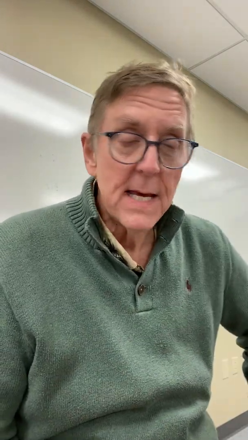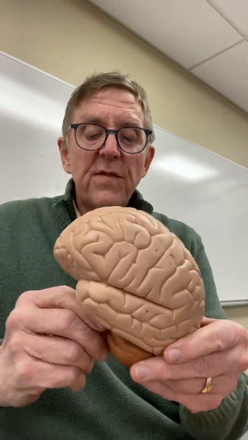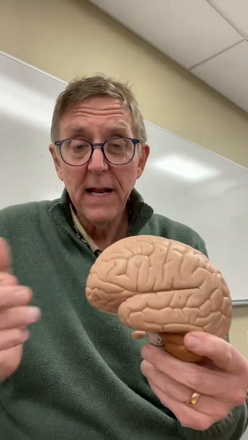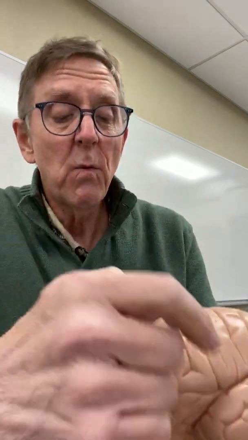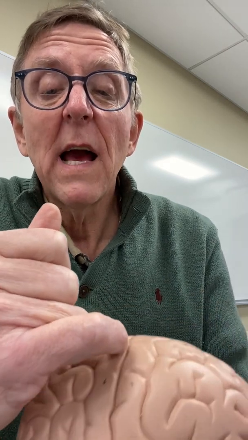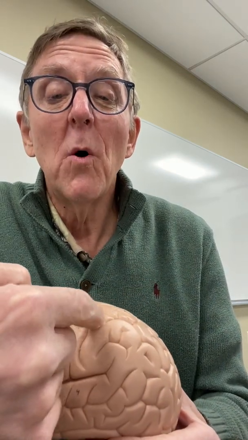When you look at this thing, you can see it's divided up where you can see various parts. You can see we have this central sulcus right there, and that line is very important because that is what's going to separate the lobe at the front of your brain, the frontal lobe, from the parietal lobe.